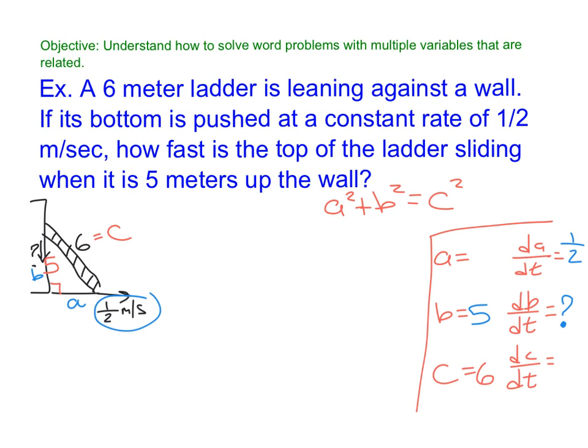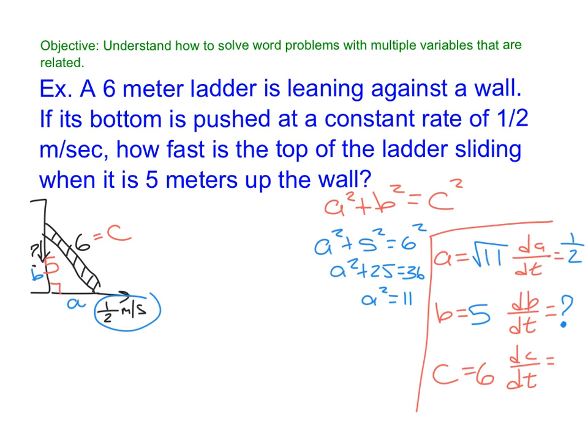So let's plug in my 5 and my 6: A squared plus 5 squared equals 6 squared. So A squared plus 25 equals 36, so A squared is 11, so A is root 11. All right, so I'm good there.